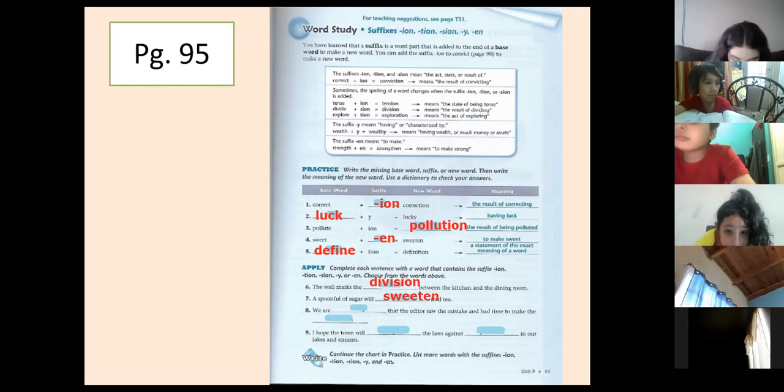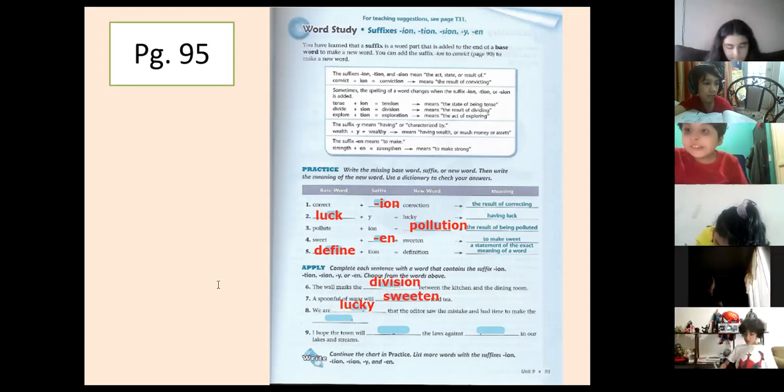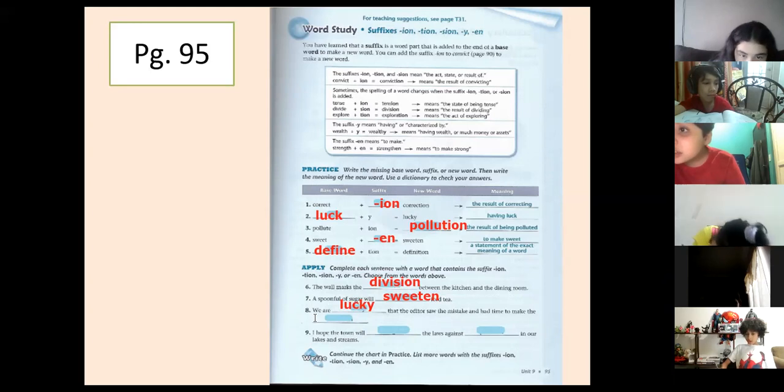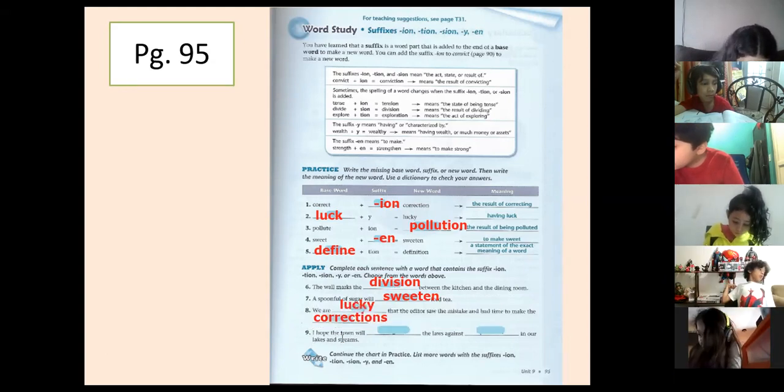That's right. We're lucky that the editor saw the mistake. And to make what? If something was incorrect, what is it going to make? Corrections. That's right. Make the correction.